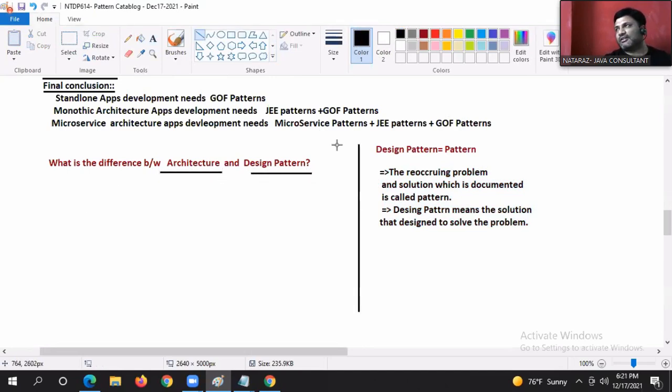Okay, I'll give one small thing. Architecture speaks about, okay, guys.